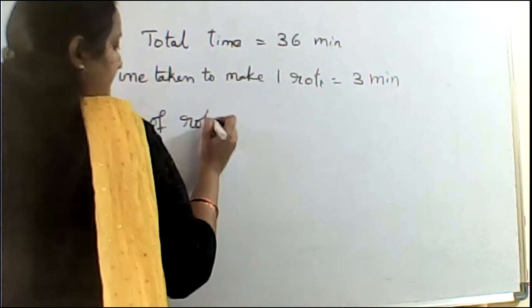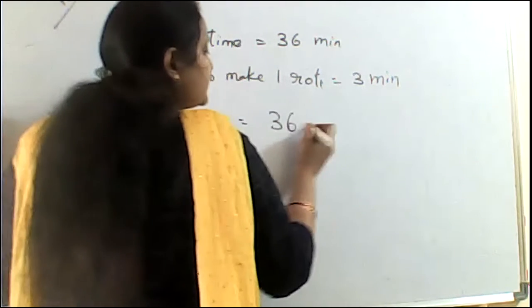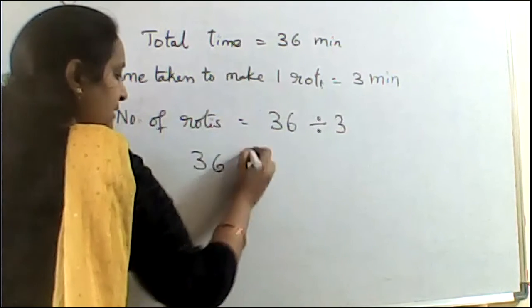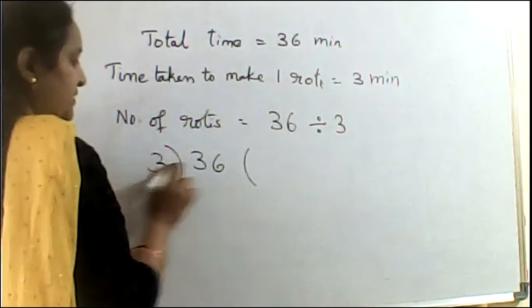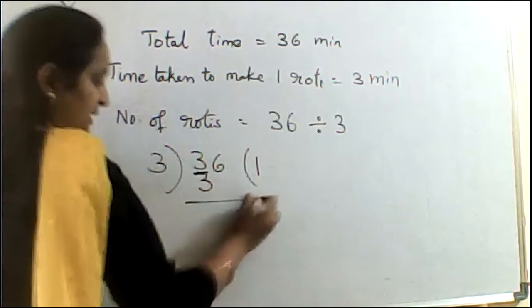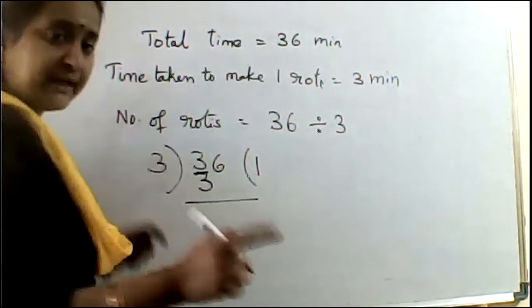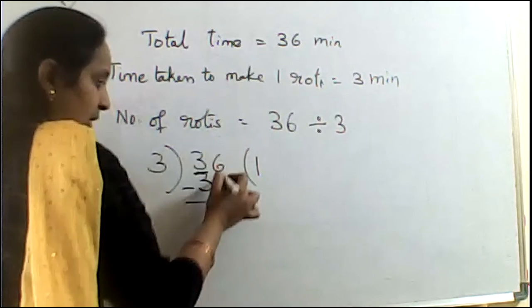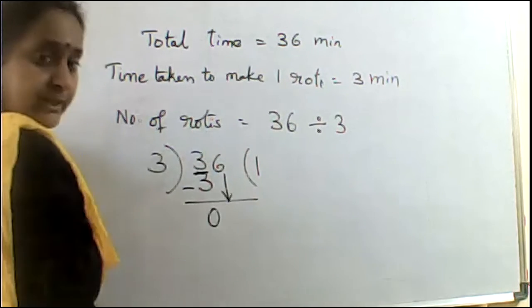36 divided by 3 we need to do. First step: how many times will 3 go into 3? 3 ones are 3. We know that division is repeated subtraction. So 3 minus 3 is 0. Now get down the next number, 6.